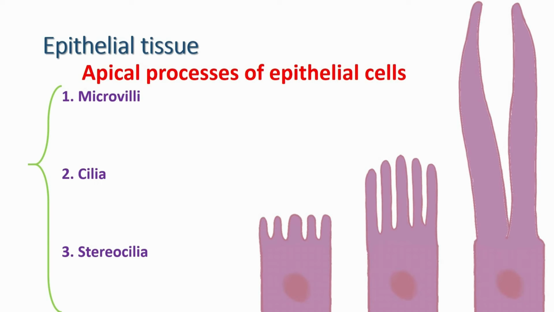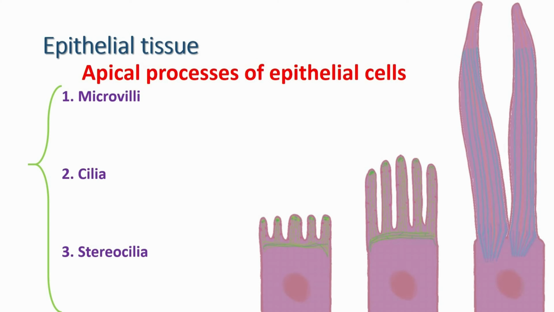We call this type of processes stereocilia. Even its function is in the middle. It provides a little bit of good absorbing ability as well as the ability of pushing the stuff around. Also, its inner skeleton looks more like microvilli than cilia.